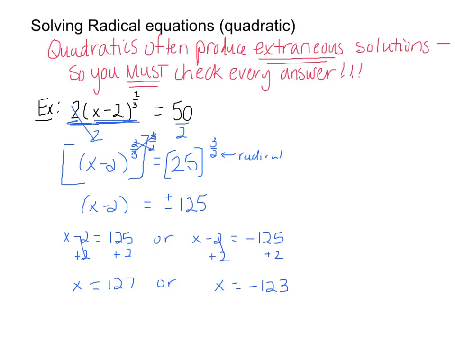If I plug in the 127, I'm going to have 2 times 127 minus 2 to the 2/3 power, and that equals 50.